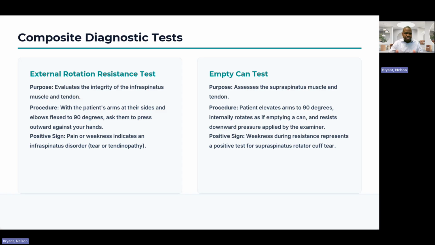You may have noticed that most of the special tests we discussed in this presentation are about the shoulder, but the knee, like I mentioned, also has a lot of special tests that you can use, which provide critical diagnostic information during your physical assessment.